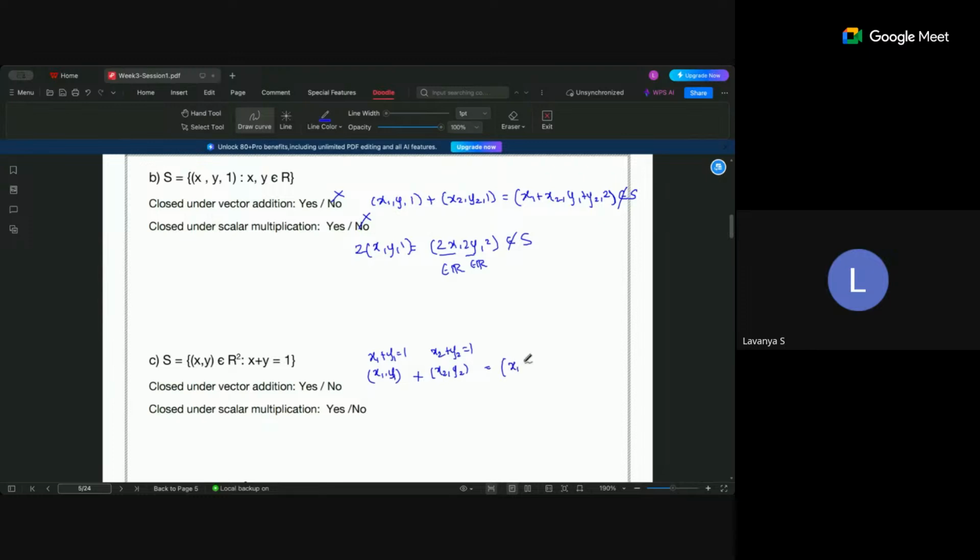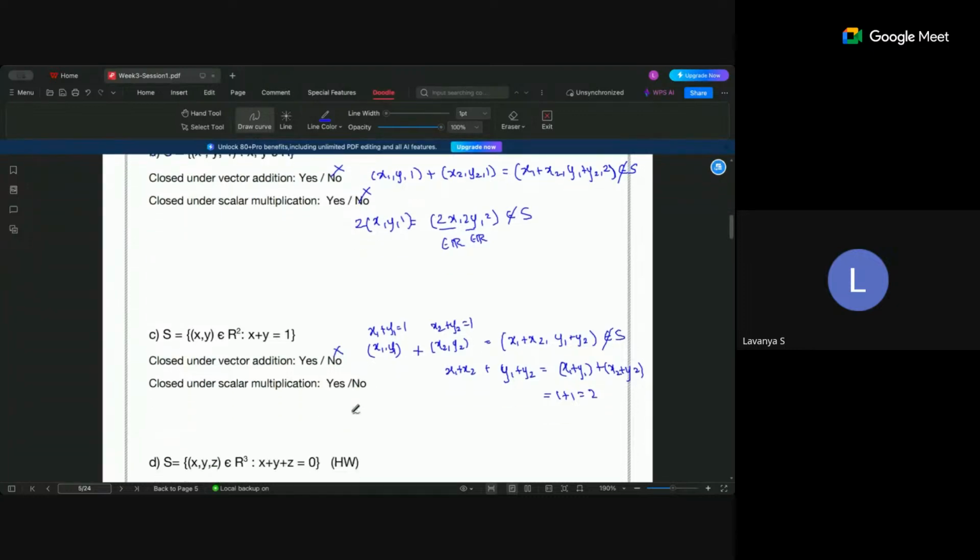So x1 plus x2 comma y1 plus y2 is this entry. Now what is x1 plus x2 plus y1 plus y2? We can rearrange: x1 plus y1 and x2 plus y2, which is 1 plus 1, 2. Right? So it means this sum is not in S. So it is not closed under vector addition.